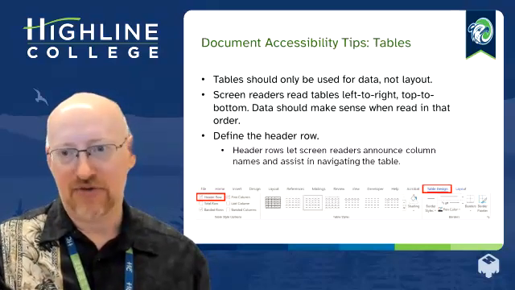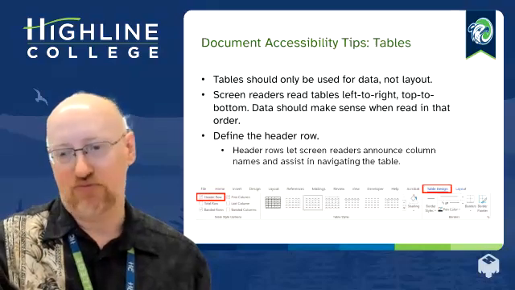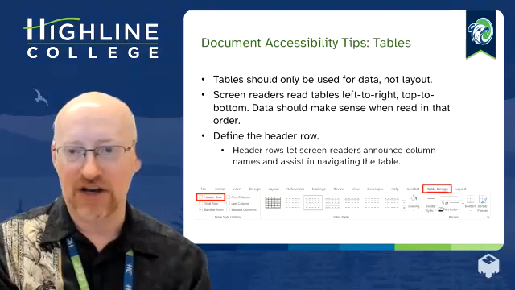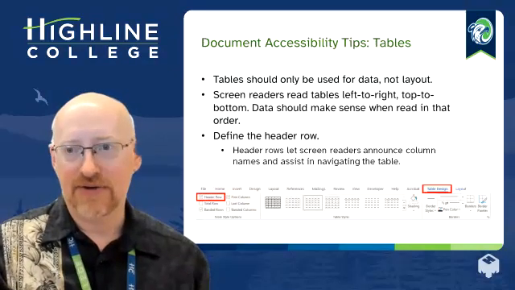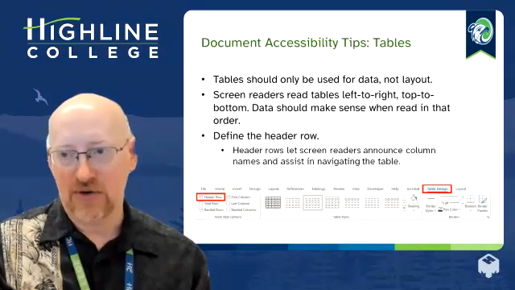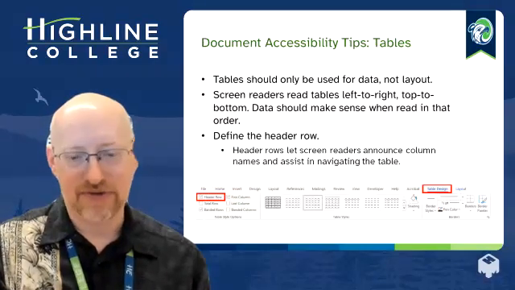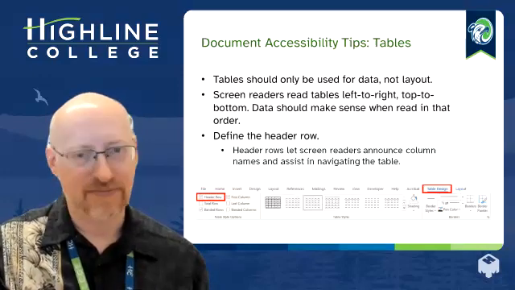Go down to the next row, row 3, humidity 74%. But that header information, using the header row and defining what each column is, allows the screen reader to say not just the value of the data, but what that value refers to. So header rows, very important.